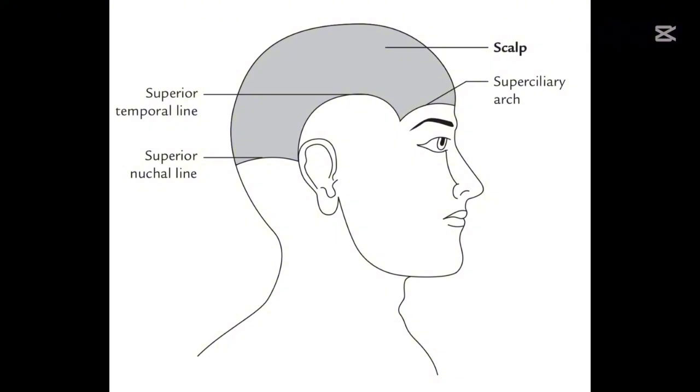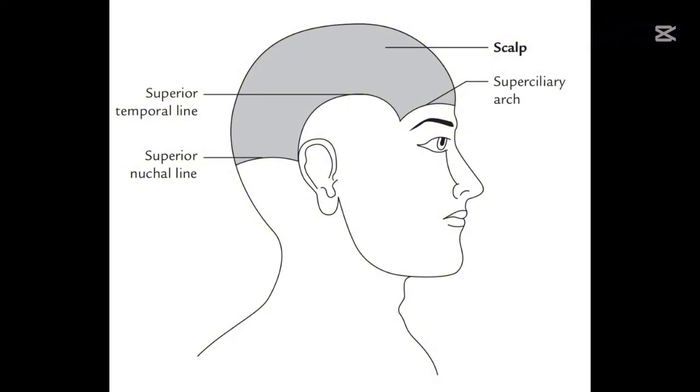Watch my video very well so you understand it. That's why I made the bones video first before entering the scalp. So in front, the superciliary arch; at the back, the superior nuchal line; by the side, the superior temporal line. That is the extent of the scalp, covering the skull vault, so don't forget it.